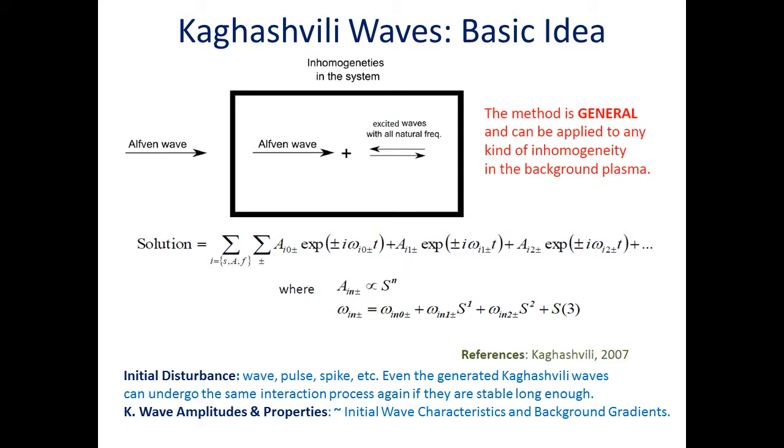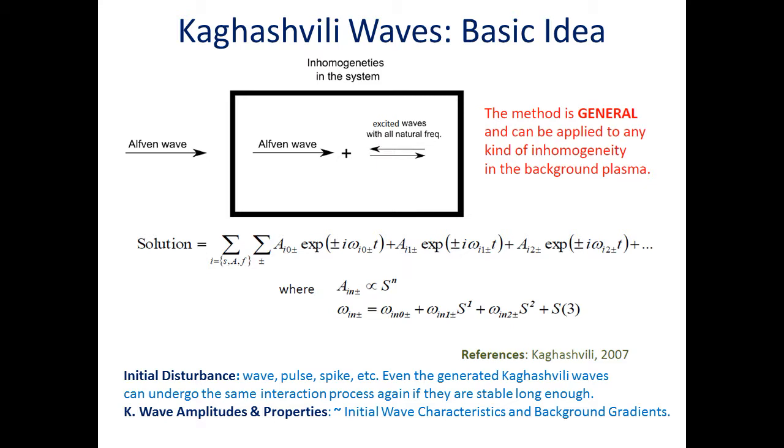Now I would have a more complex picture. I have alpha waves, and because they interact with the inhomogeneity, I would have excited waves with all natural frequencies in the system, and the amplitudes A1s and A2s I could determine using the framework that I presented in a previous slide.